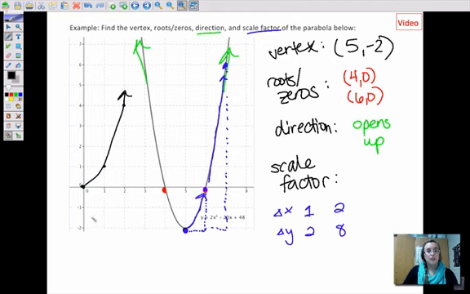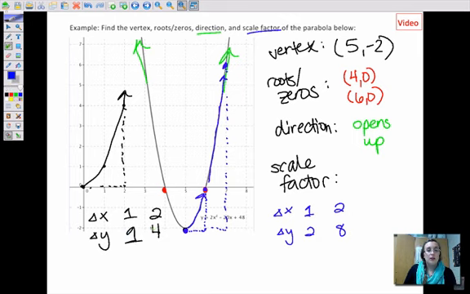So normally a change of 1 in the x gives me a change of 1 in the y, and a change of 2 in the x gives me a change of 4 in the y.